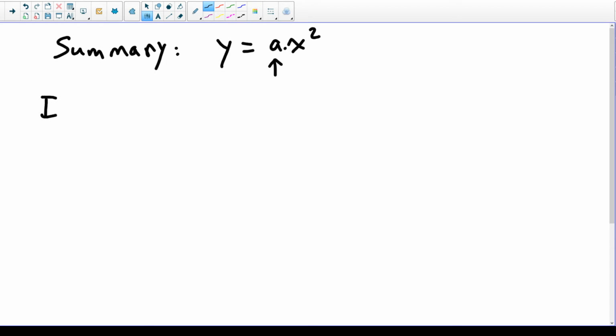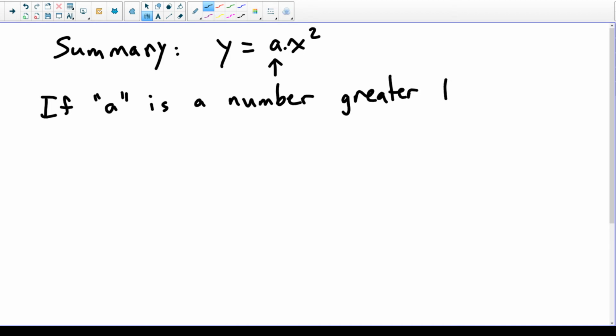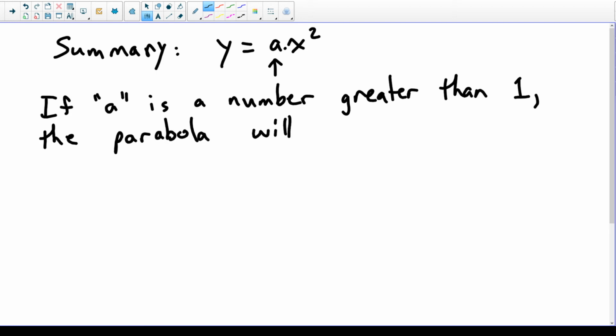So if a is a number greater than 1, the parabola will be stretched.